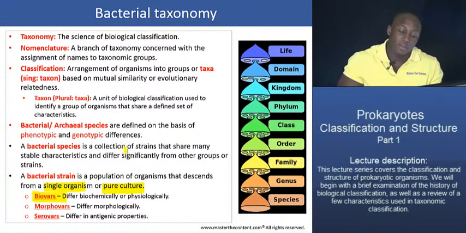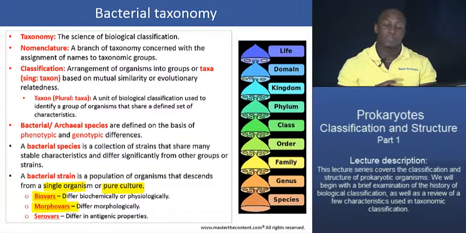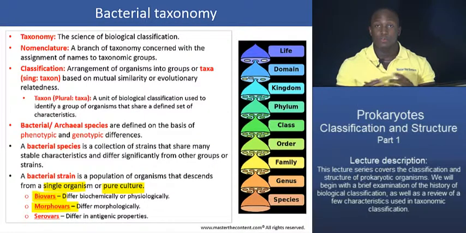We also have morphovars. A morphovar is a bacterial strain that differs from another in terms of its morphology, like its structure, size, shape, arrangement, and how it forms clusters. We're going to talk about the morphological characteristics of bacteria at length later in this lecture.